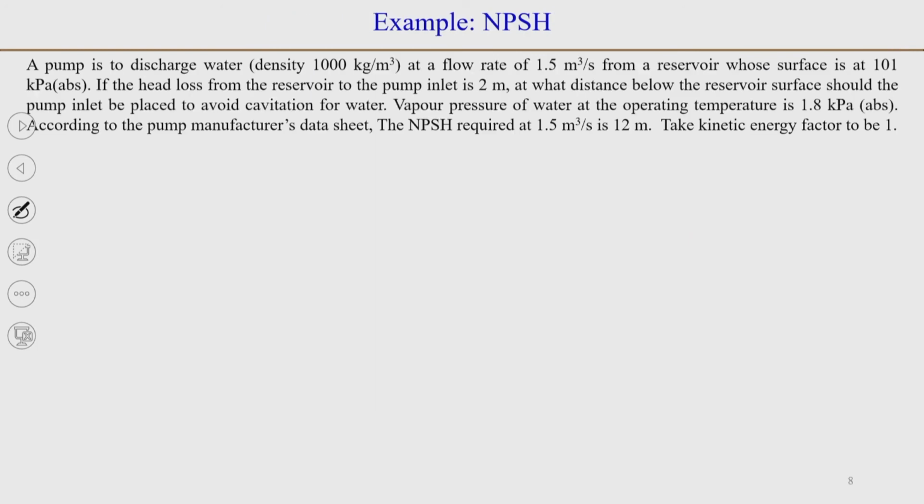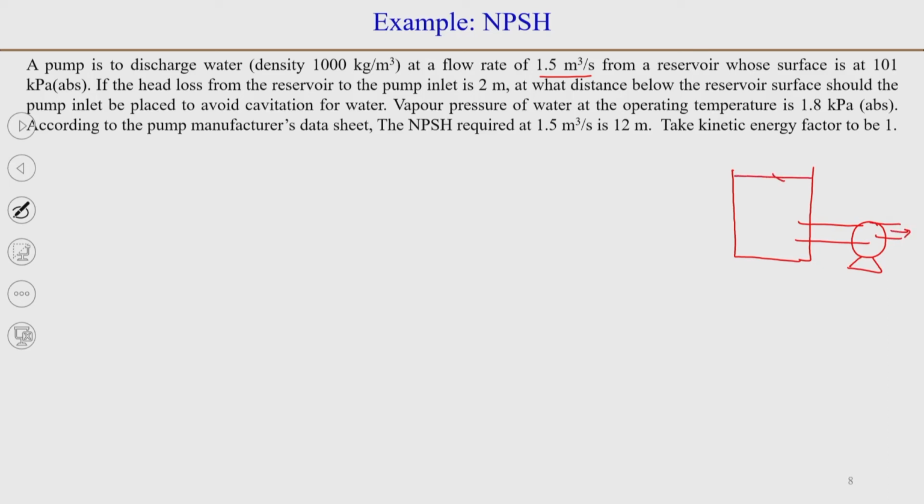What is given is that a pump is to discharge water at a flow rate of 1.5 meter cube per second from a reservoir whose surface is at 101 kilopascal absolute, which is basically the atmospheric pressure. If we draw a reservoir, the liquid is to be drawn from it by a pump.